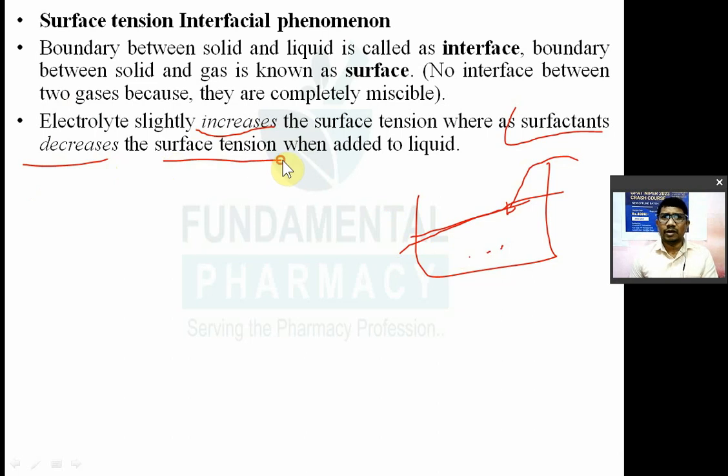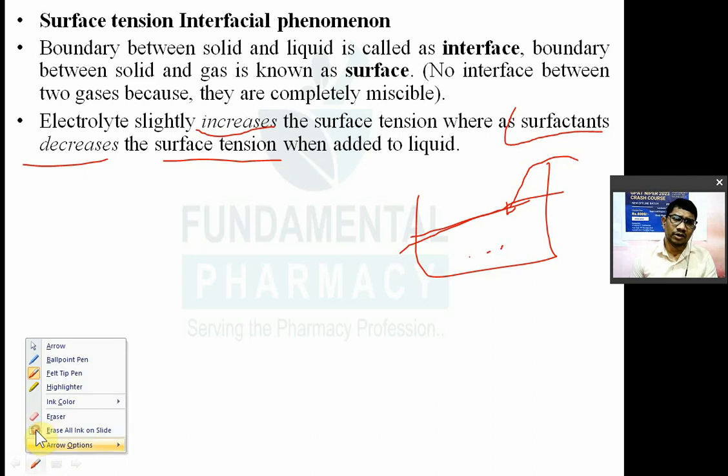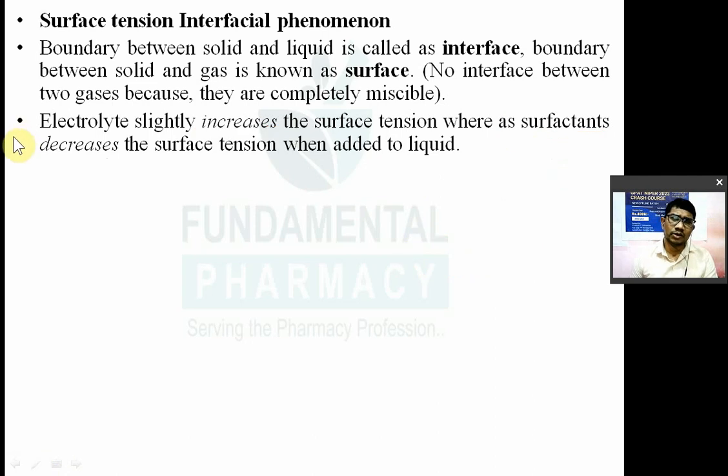So remember, a small amount of electrolyte will increase the surface tension and surfactants will decrease the surface tension, right? Now why are we dealing with surface tension? Because this interfacial phenomenon is observed in various kinds of formulations, like suspension, emulsion, okay? And the syringeability of your liquid, etc.